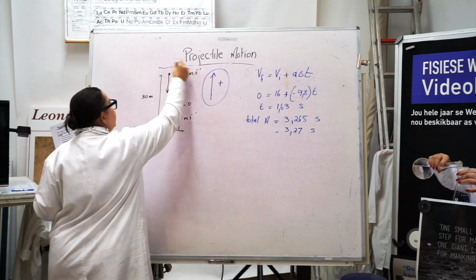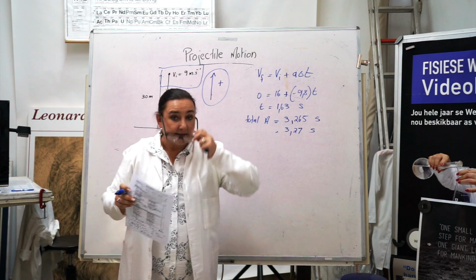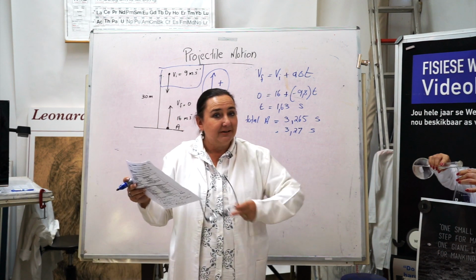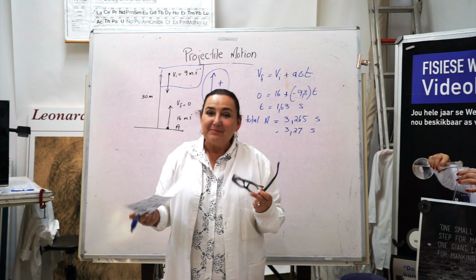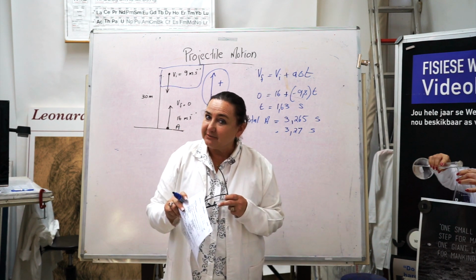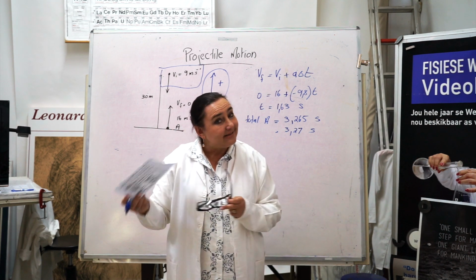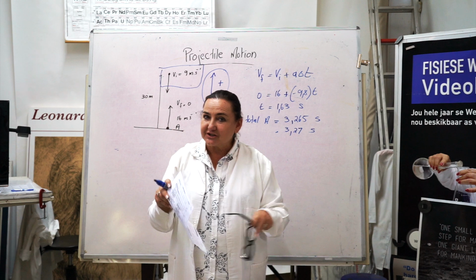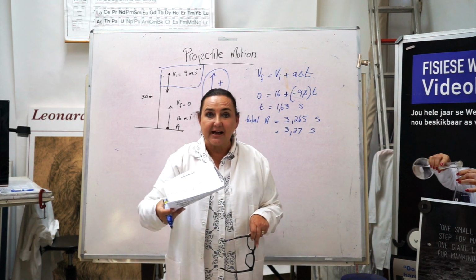So what do I have to keep in mind? Time. Yeah, that time is on my mind. Yes. Why? Because it's not going to be the same time for both. So we normally have simultaneous motion, but in this question they say 1 second after the other.